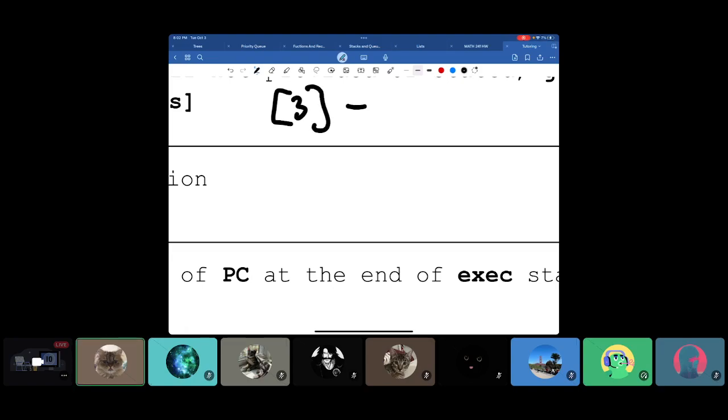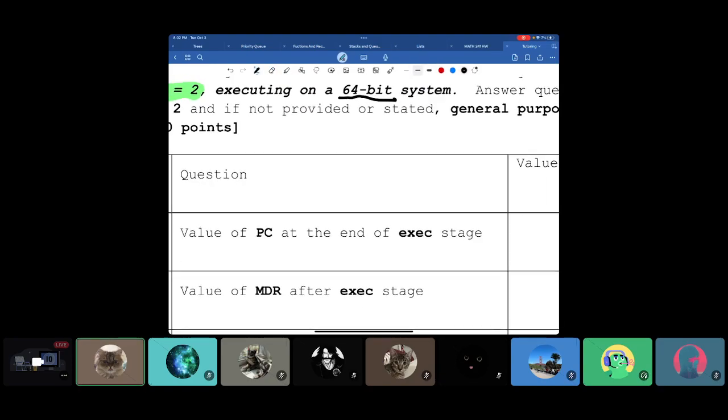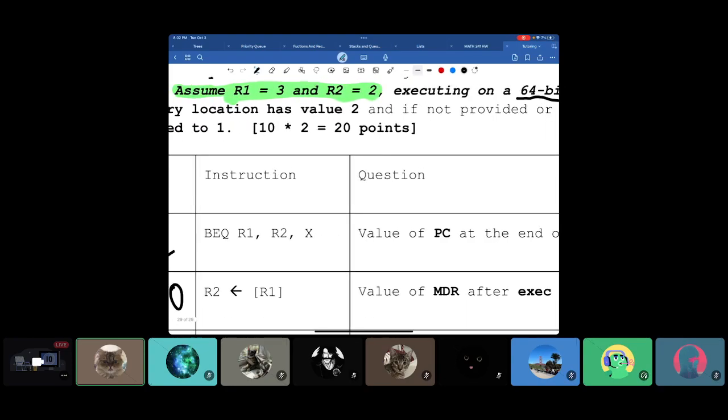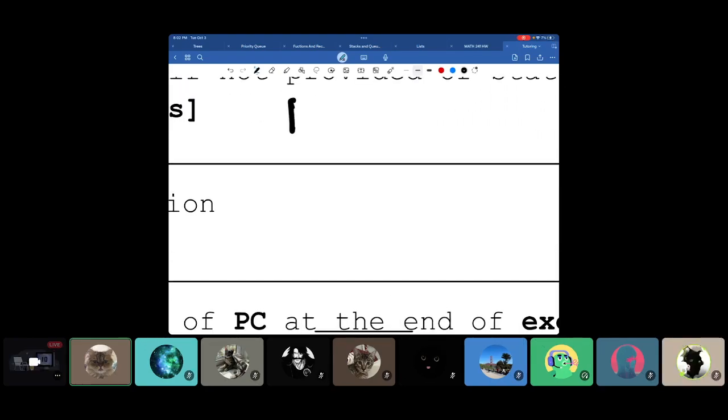That means it contains 2, or whatever value that may be. And for any general purpose register where the data is not provided, it's initialized to 1. So any Rx is equal to 1 unless it's provided.